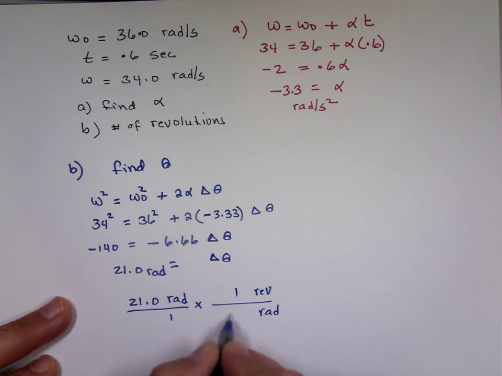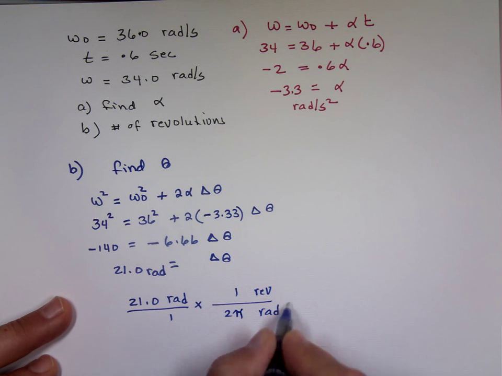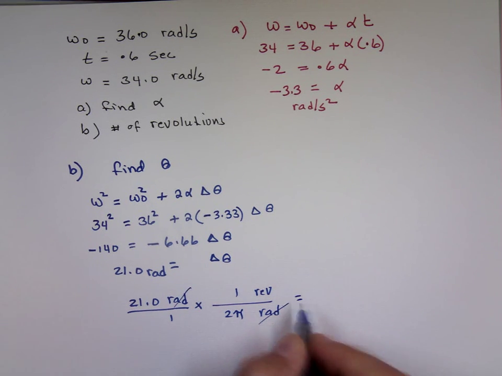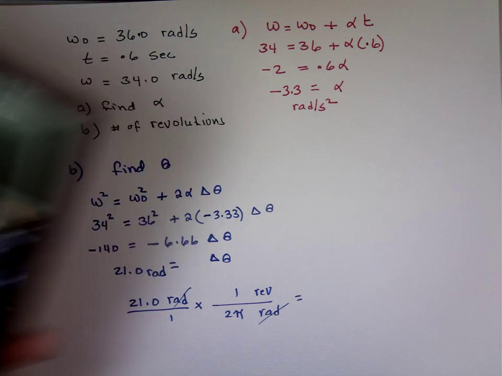One rev is 2 pi. So you divide that by 2 pi. Okay, I screwed up. 21 divided by 2 divided by pi, 3.34.